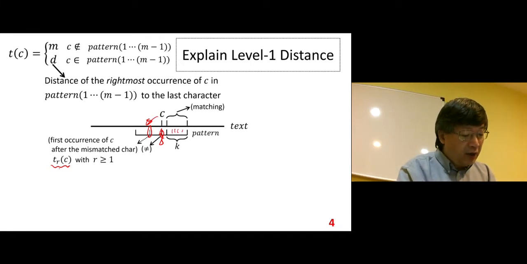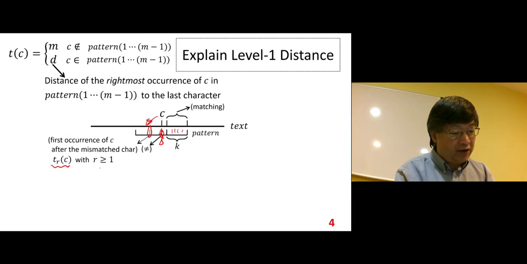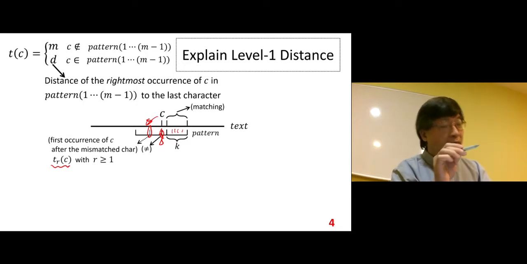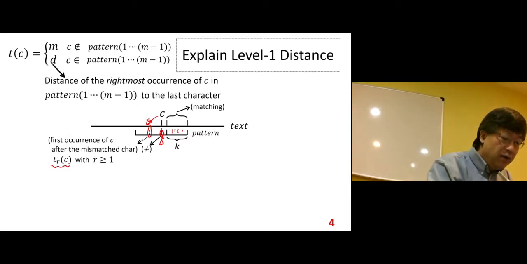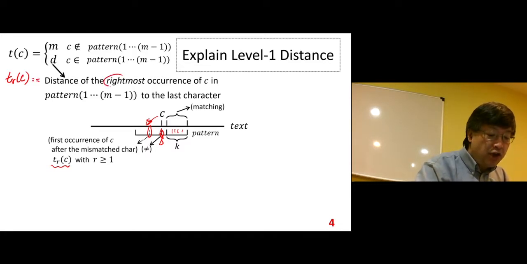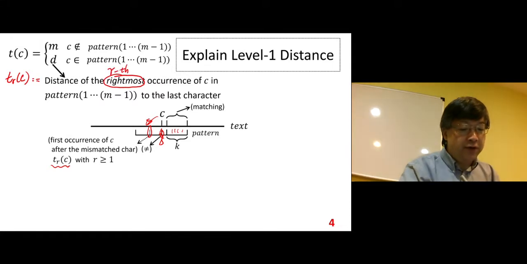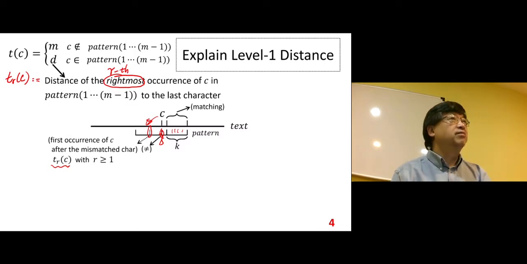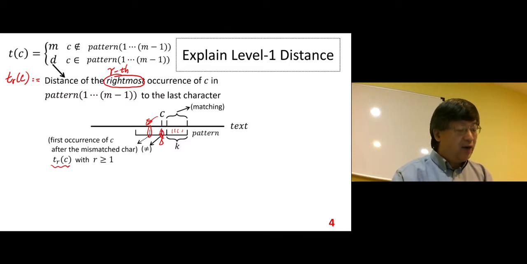That's why I call it the rth occurrence of C in the whole pattern. So I can write T sub R of C as the distance from the rth occurrence of C in the pattern to the last character.